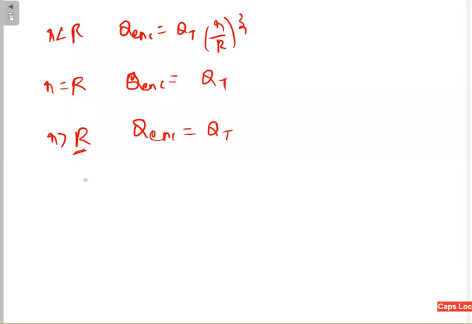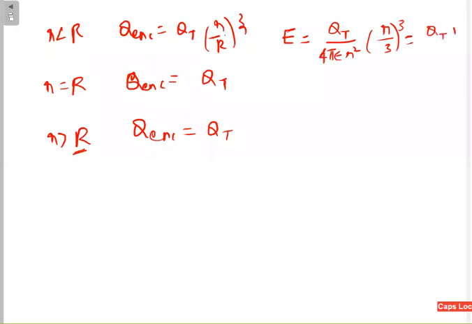Now we'll analyze this. What will be the electric field in this case? The electric field will be the charge enclosed, which is QT, over 4 pi epsilon r square, and again this factor r divided by R whole cube is there. Once you cancel this r square, what is the final value?